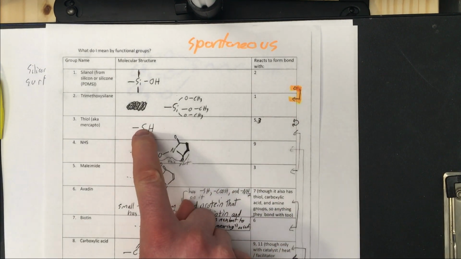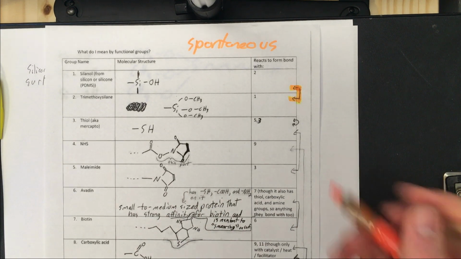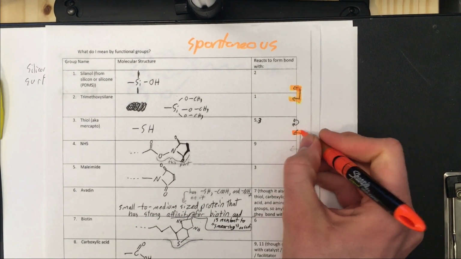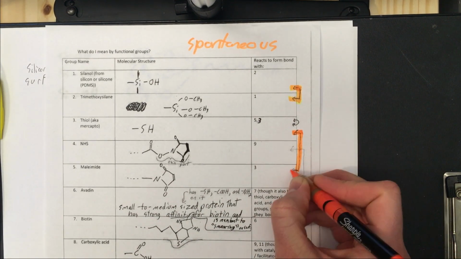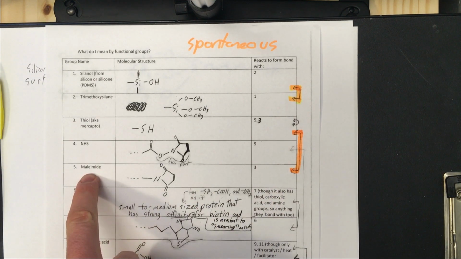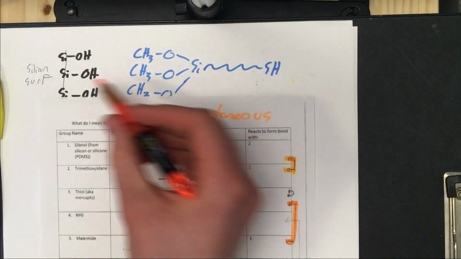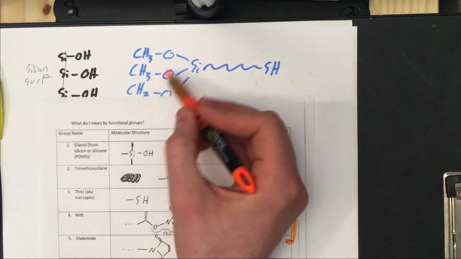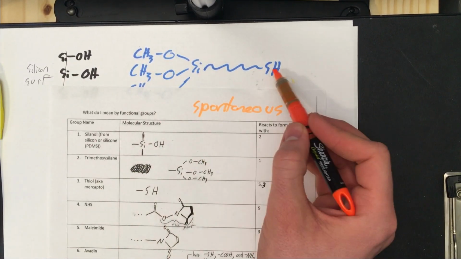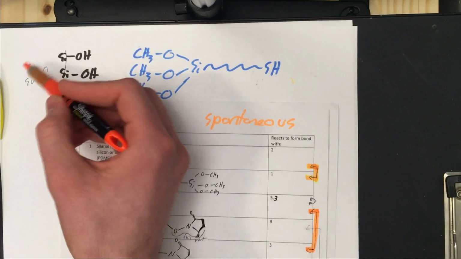One thing that SH groups can bond with that's spontaneous at room temperature is this group over here called, I'm not exactly sure how to pronounce it, maleimide, something like that. And it looks like this. So for example, if we had a silicon surface, and a trimethoxysilane group and an SH group, we basically have our silicon surface.